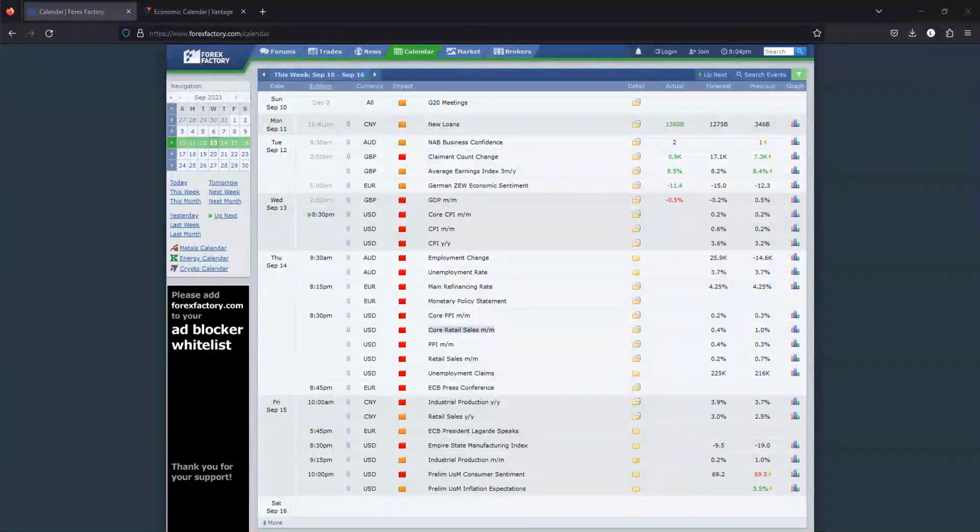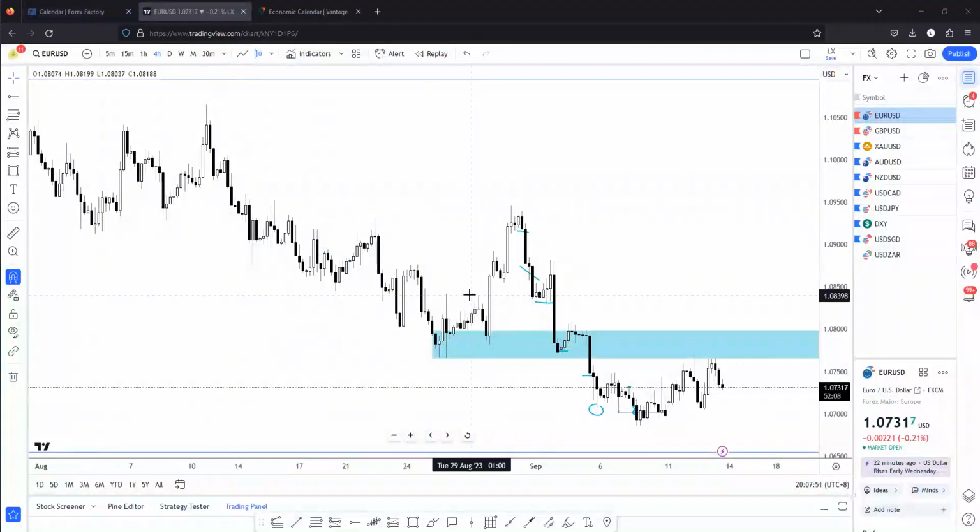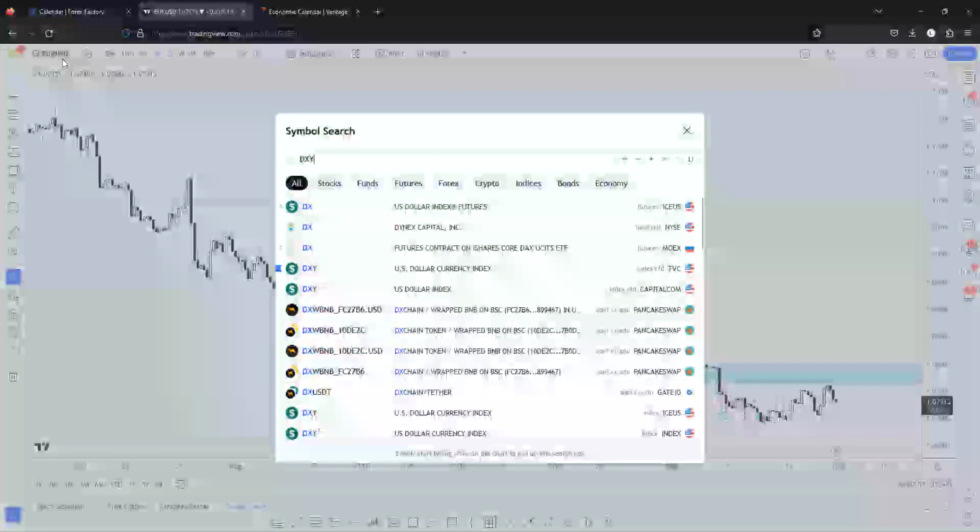If I were to bring the setups out, I hope you can see this. Let's take a look at dollar index first.